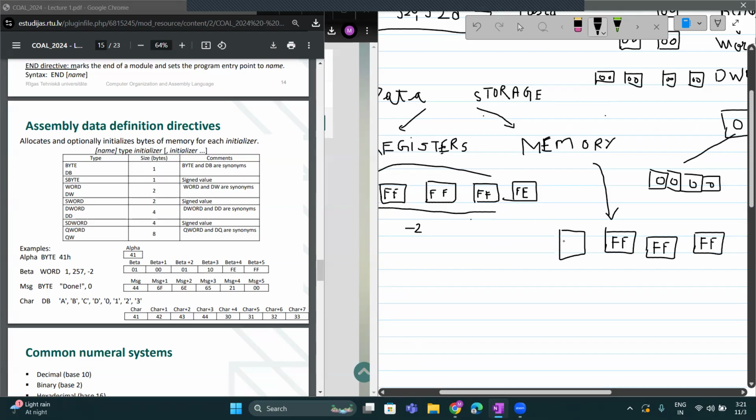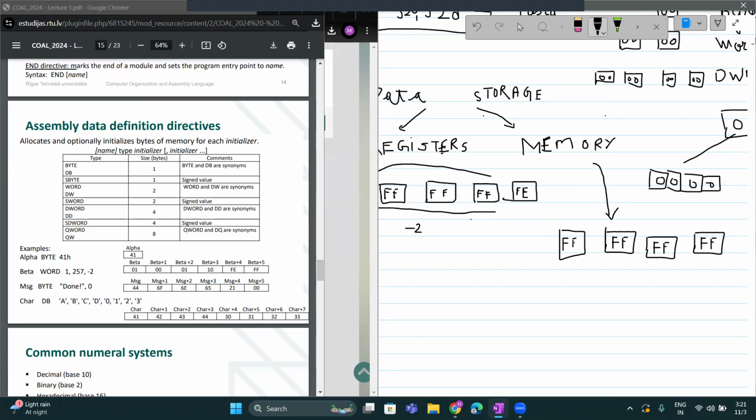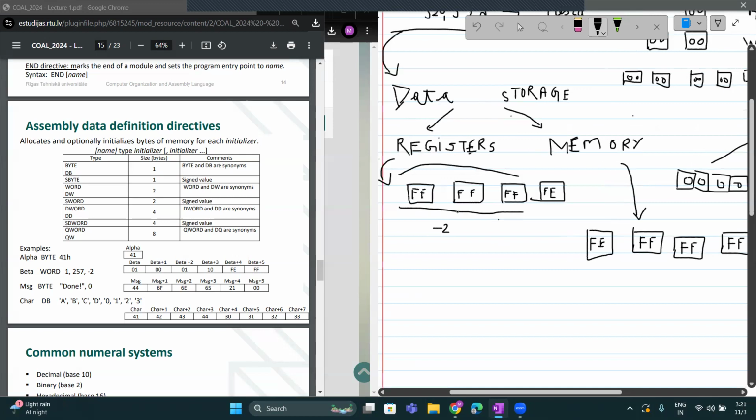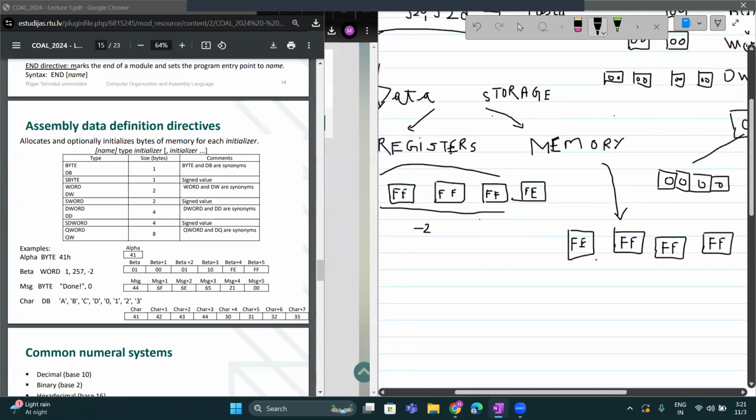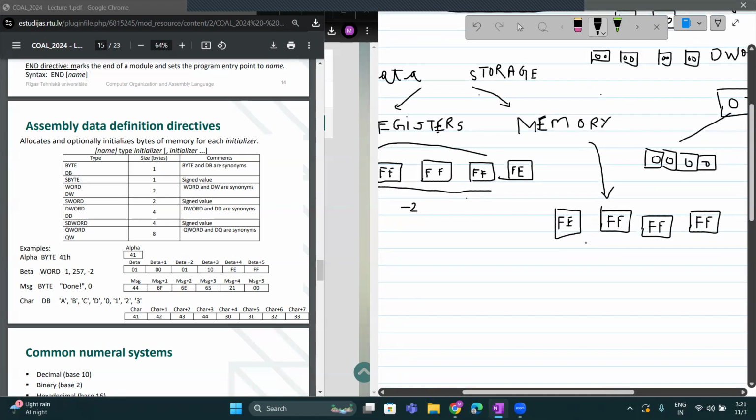So finally, FE comes first, then FF, then FF, then FF. So you can see the order is swapped.